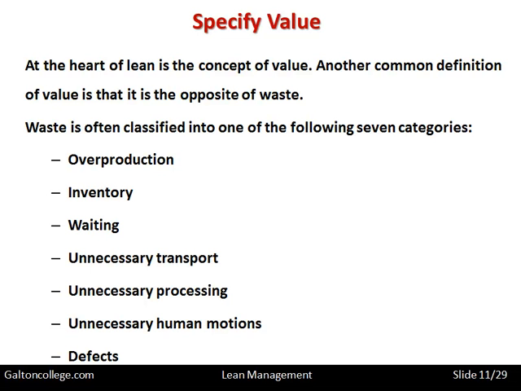So it's quite a costly thing to happen. To have a set of defects is costly. It represents the raw materials, all the handling and all the processing that's gone on up to the point where it becomes a defect. So defects are costly. Now, those are 7 areas in which we can identify waste.